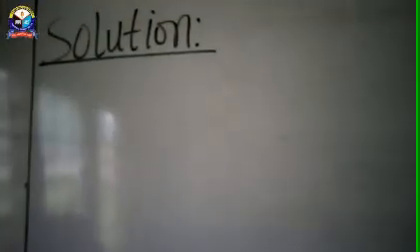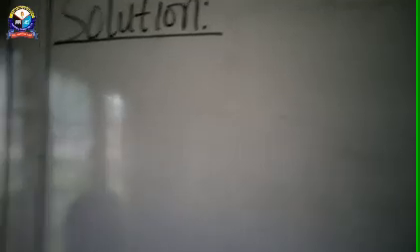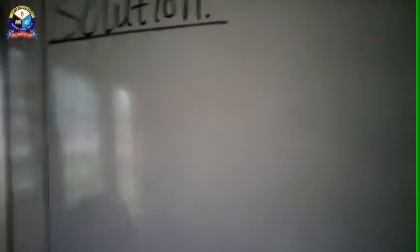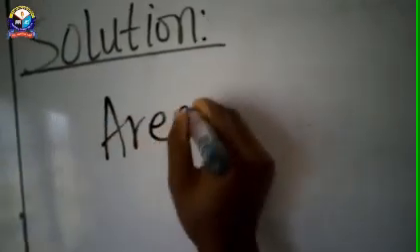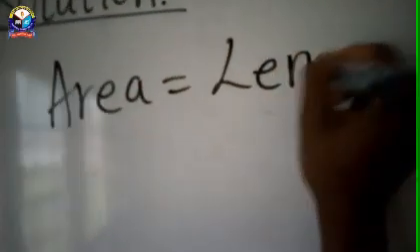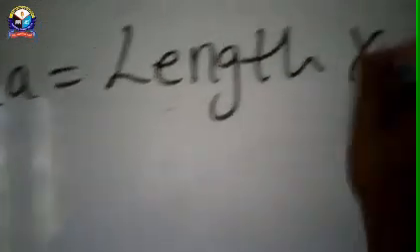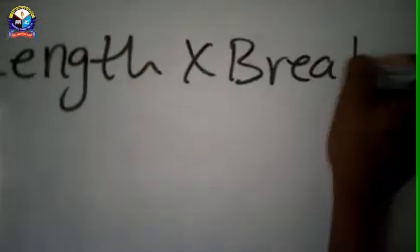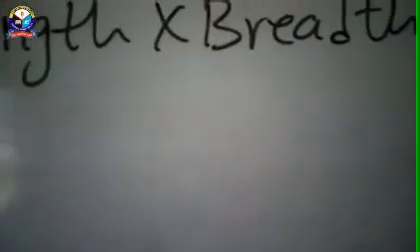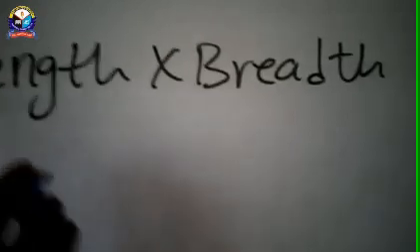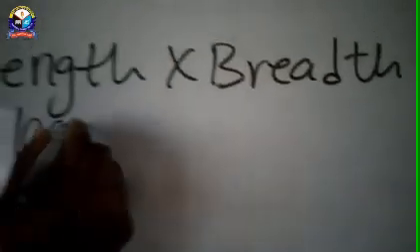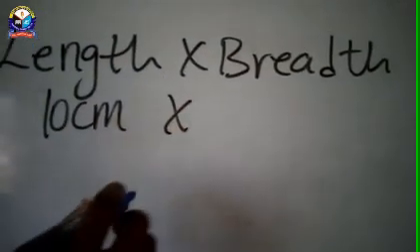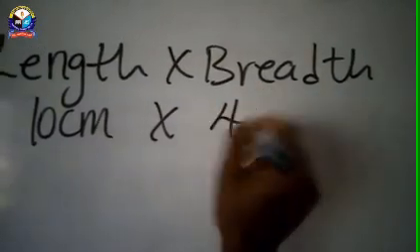Okay, the solution now. We have said that the area of a rectangle is length times breadth. So let's write it out. Area is equal to length times breadth. The length we are given now is 10 centimeter times the breadth is 4 centimeter.